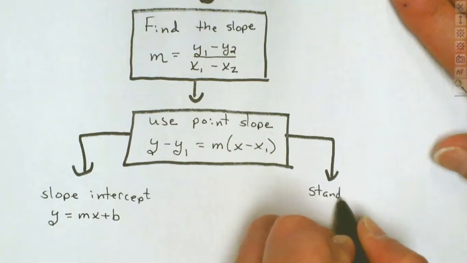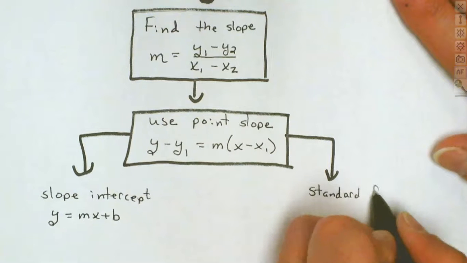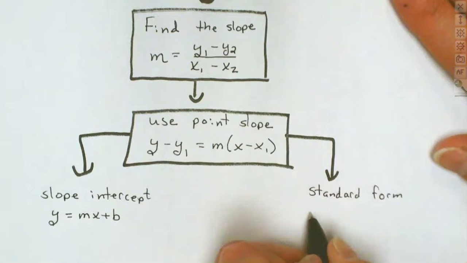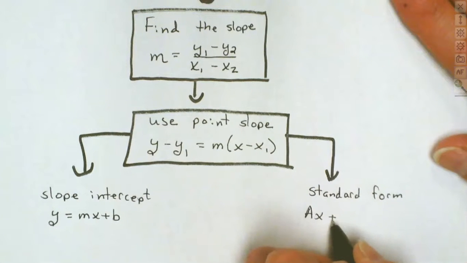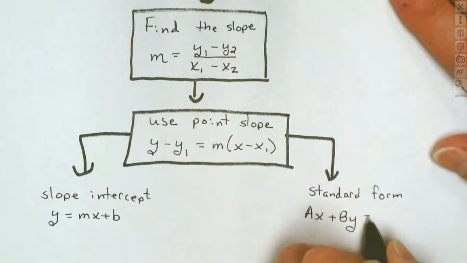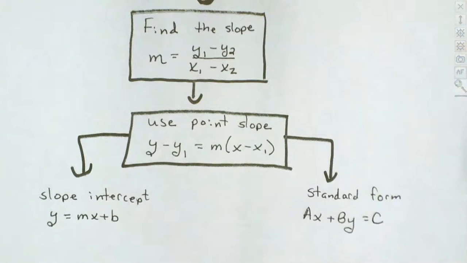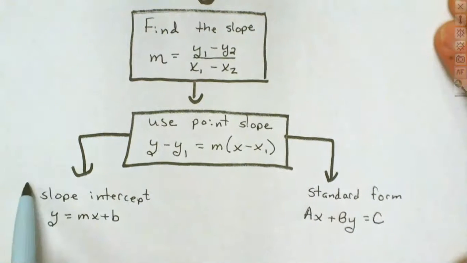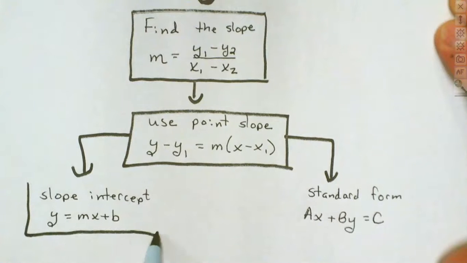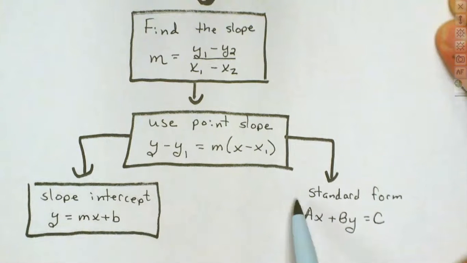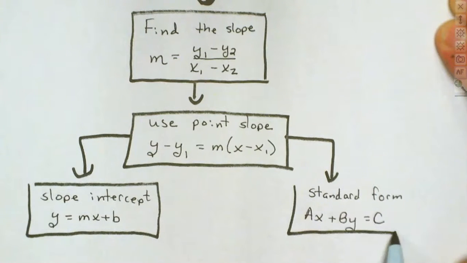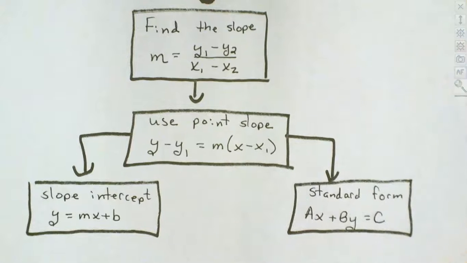And standard form is ax plus by equals c. So we need it in either slope-intercept or we need it in standard form, one or the other.